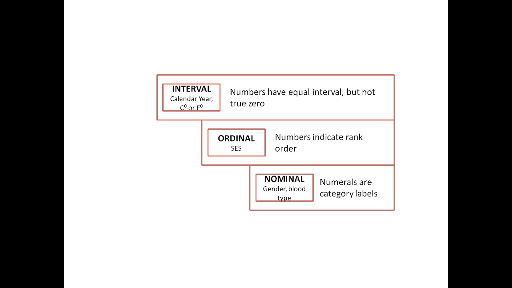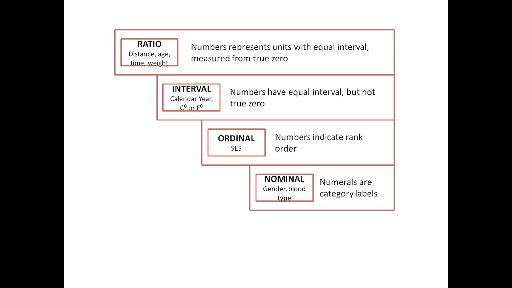Compared to this, in a ratio scale, numbers represent units with equal intervals, and zero is the true zero. Examples are distance, age, time, and weight. Therefore, the ratio scale is the highest level of measurement.